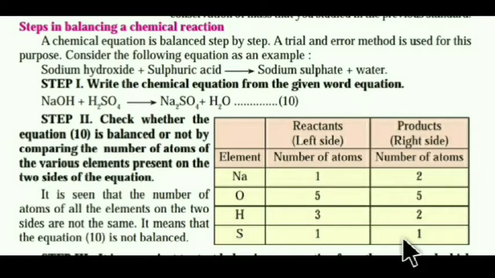Then let's see the right side. On the right side sodium has 2 atoms. Then oxygen has 5 atoms: here O4, and here O, that is 5 atoms of oxygen.